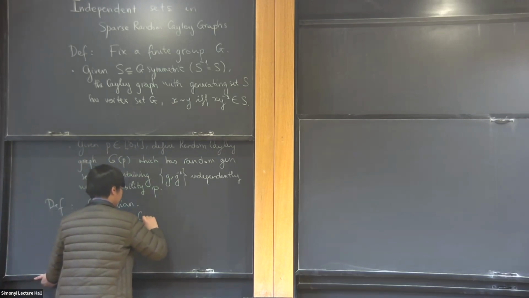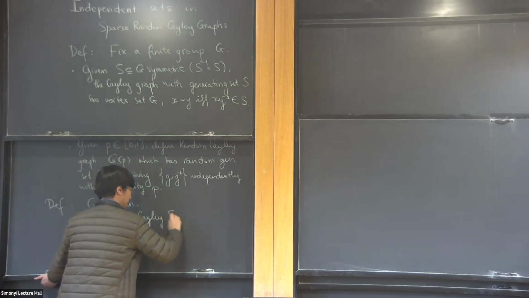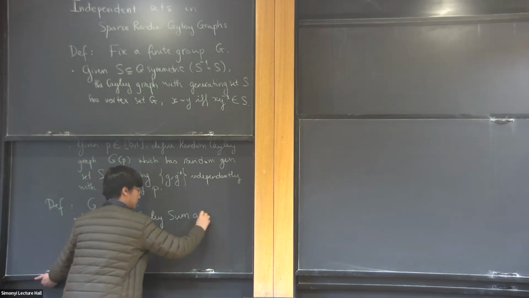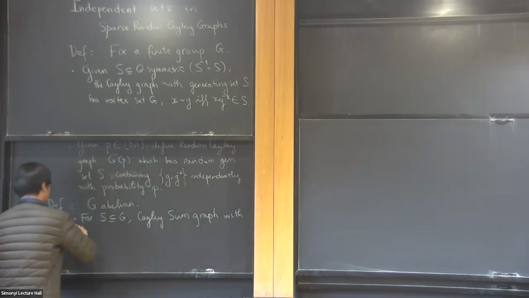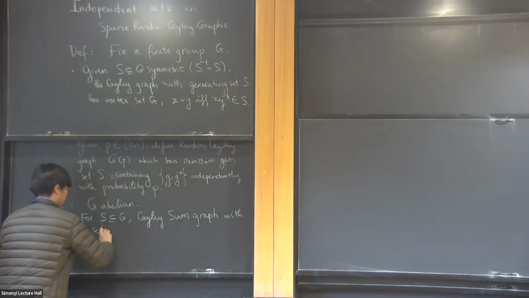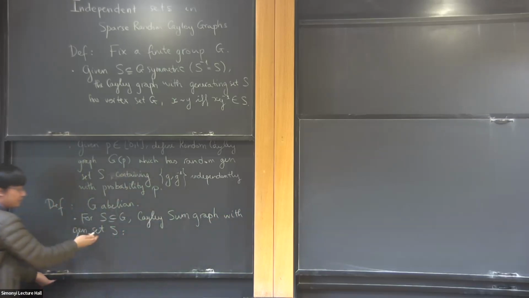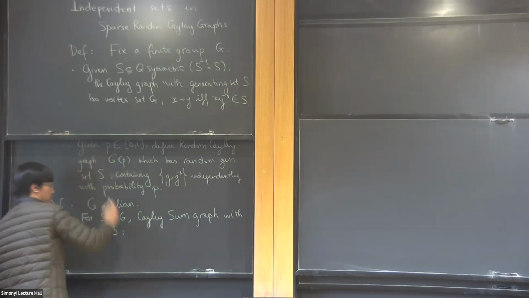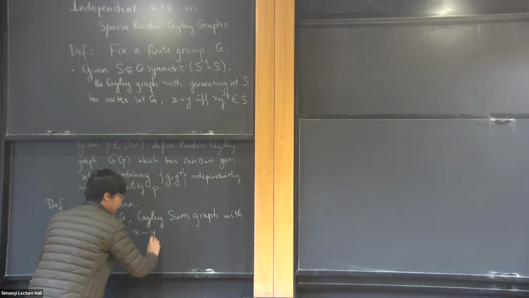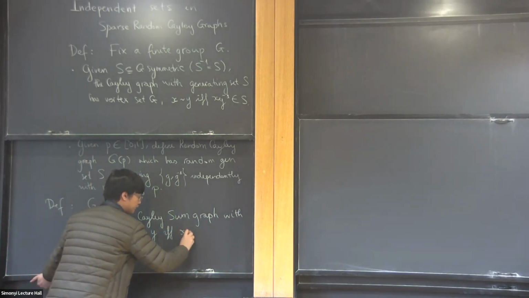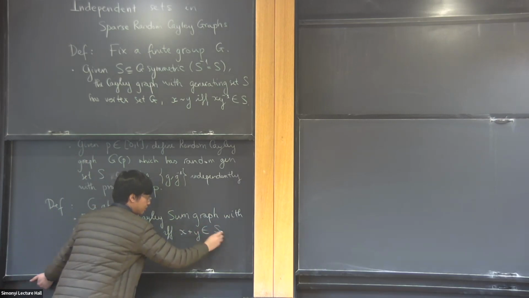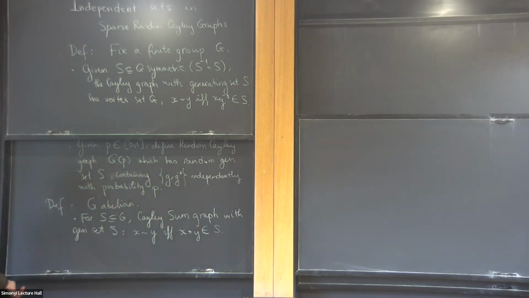We can define the Cayley sum graph with generating set S. Again, this is a graph where the vertex set is identified with the group elements, and now we connect two group elements x and y if the sum x plus y is an element of this generating set S.